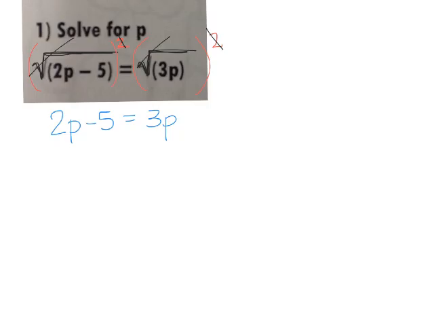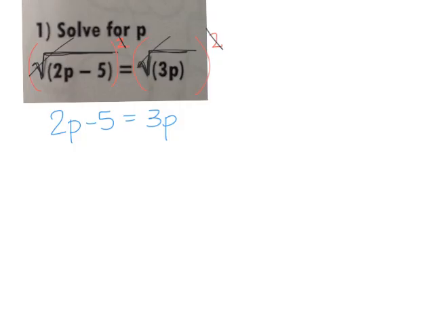Notice that there is a variable, 2p and 3p, on both sides of the equation. I would like to have variables on one side and my non-variable term, this one, on the other side. So let me take this 2p and I want to get rid of it from this side so that all my variables will be on this side, constants over here. So how in the world am I going to cancel the 2p?